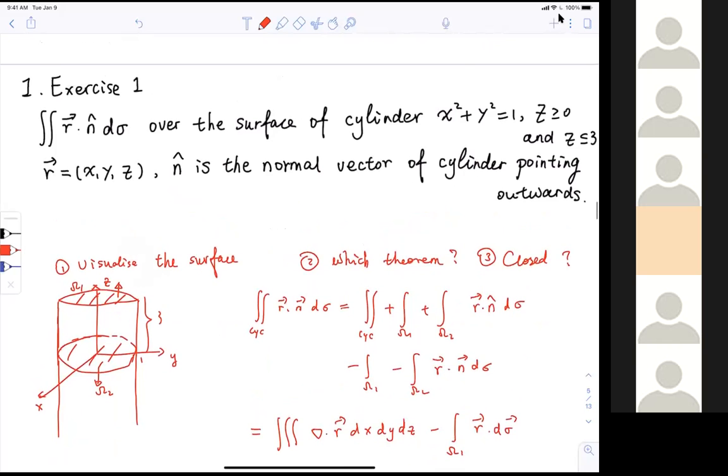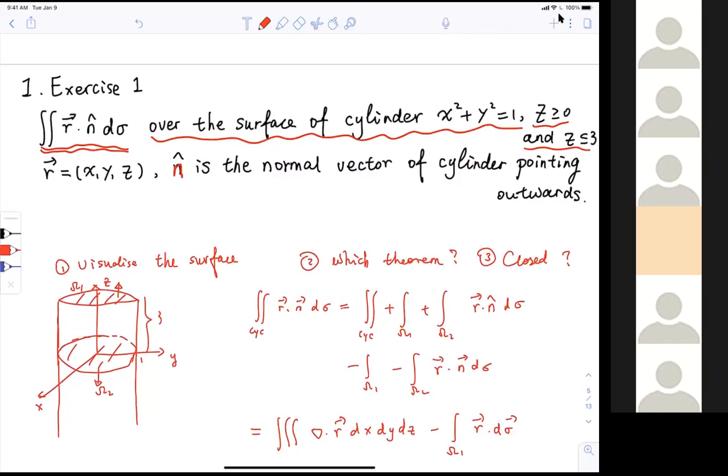Basically we need to evaluate this surface integral, the integral of r dot n hat d sigma over the surface of a cylinder x squared plus y squared equal to 1, with z from 0 to 3, right? And r is (x, y, z), and n hat is the normal vector of the cylinder pointing outwards.